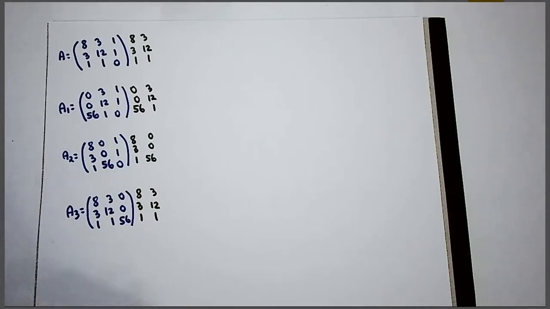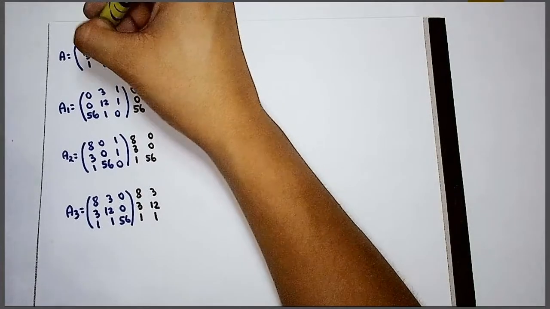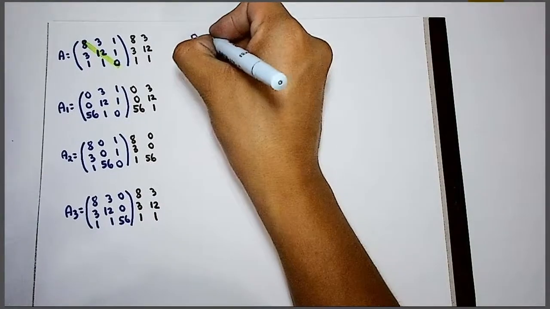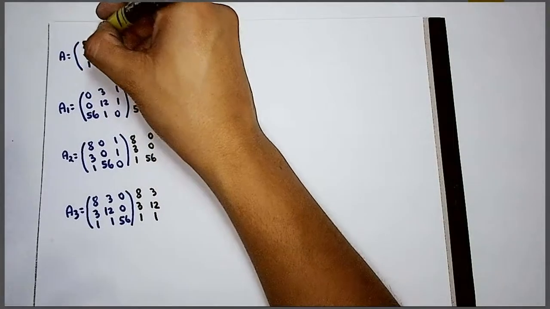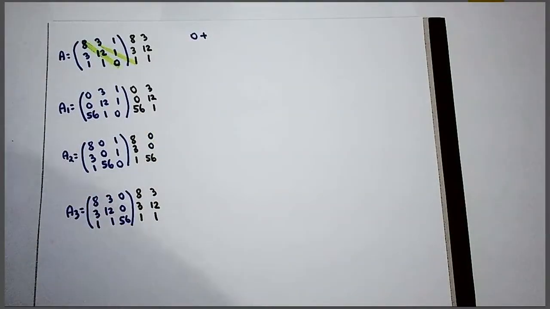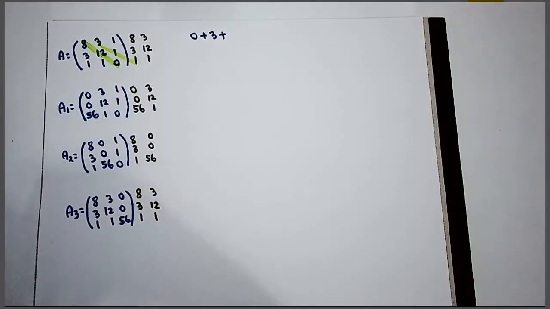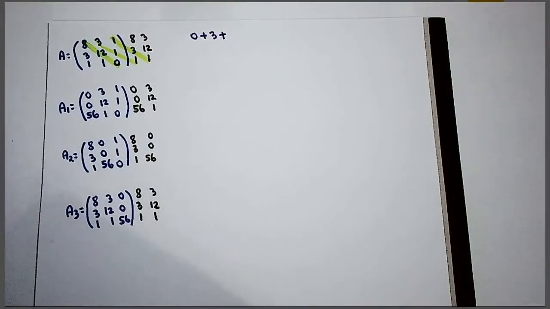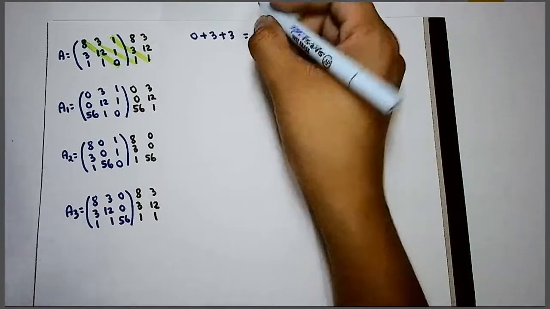So here we have 8 times 12 times 0 is 0, plus 3 times 1 is 3, plus 1 times 3 times 1 is also 3. So this is equal to 6.